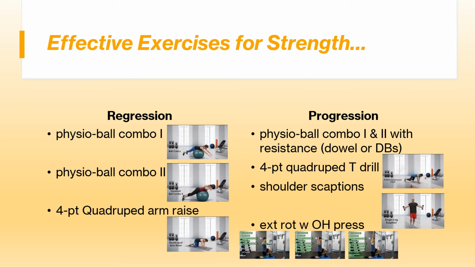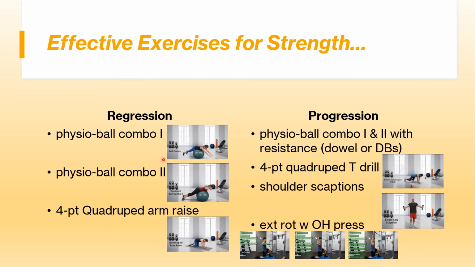On this slide, we have some effective exercises for strength. On this side, we have some modifications or regressions, starting with the physio ball combo 1, working Y's, T's, and A's. In this photograph, physio ball combo 2, working abduction, external rotation, and overhead shoulder flexion.